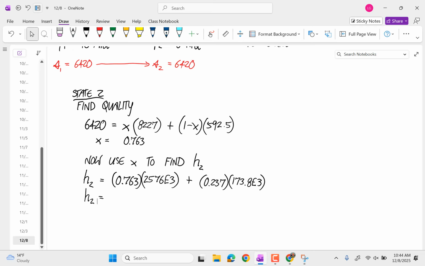And so H2 is 2006.7 times 10 to the third. This is joules per kilogram.